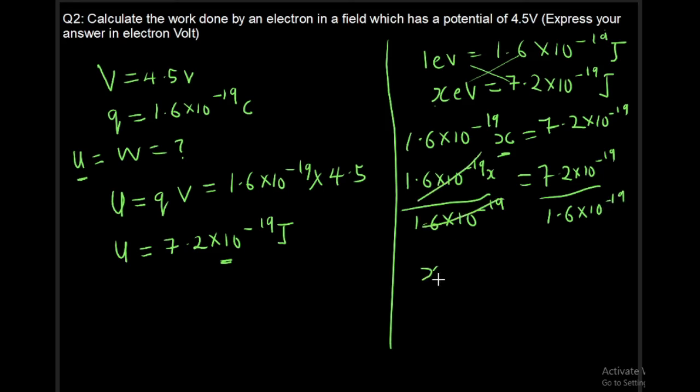Then you're going to have your final answer in electron volts to be 7.2 times 10 raised to the power of minus 19 divided by 1.6 times 10 to the power of minus 19, and that will give us 4.5 electron volts.